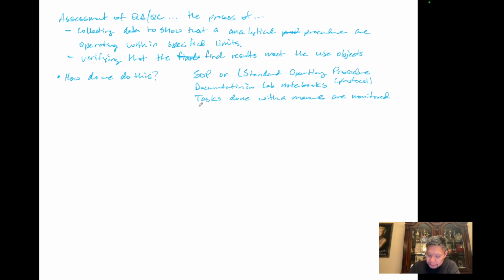And then probably the most common way of assessing whether or not you have a good level of quality control is using a quality control chart. Control charts.